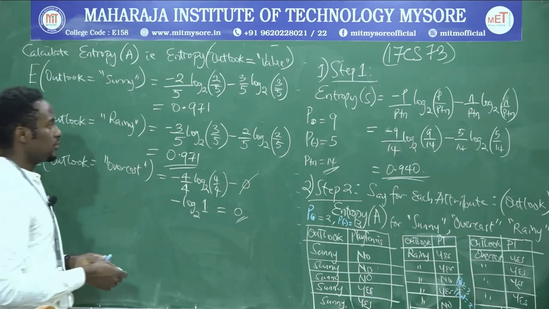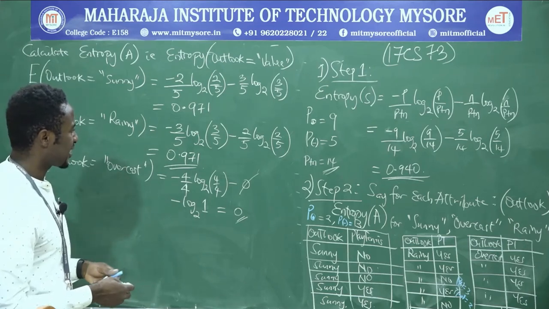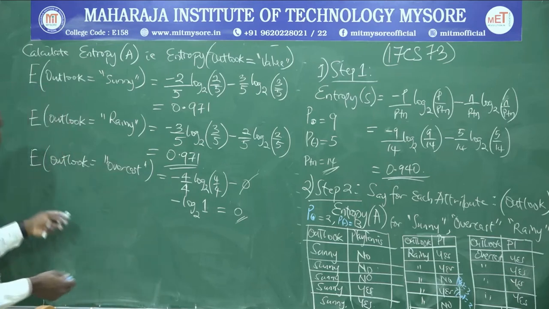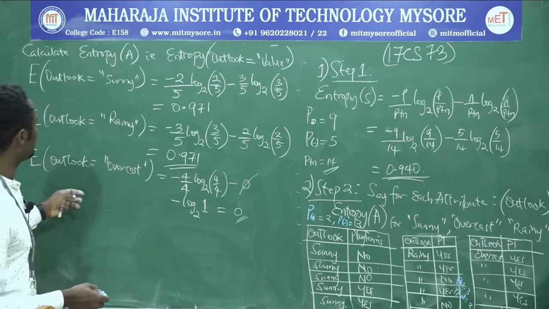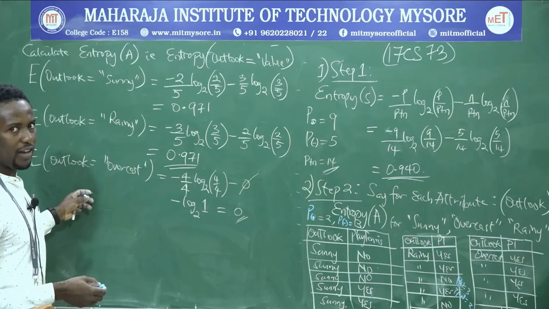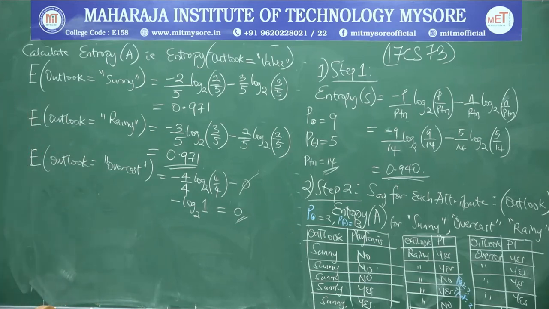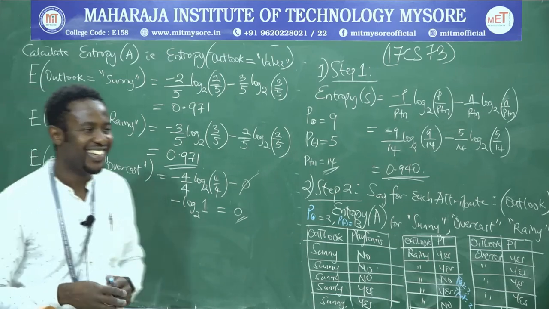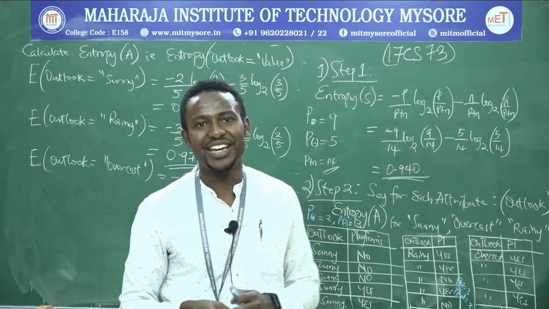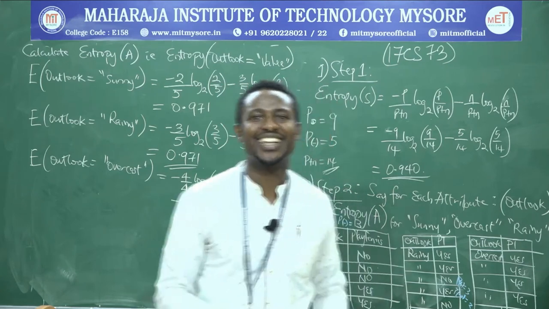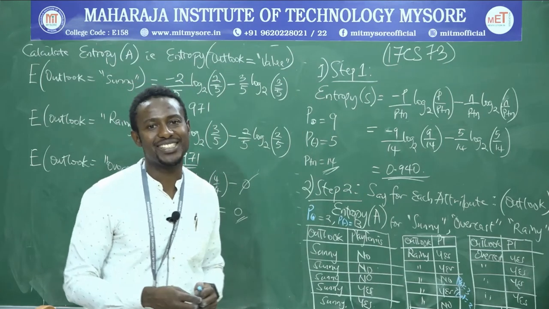Now, if you remember, after this is done, we have to pick what? You are wrong. You cannot pick the information gain. That's why you guys are not listening. You can't pick the information gain now because you have not computed it.